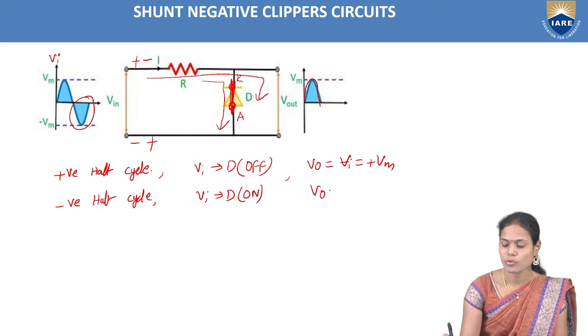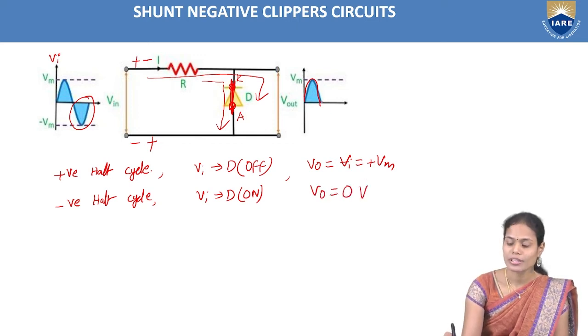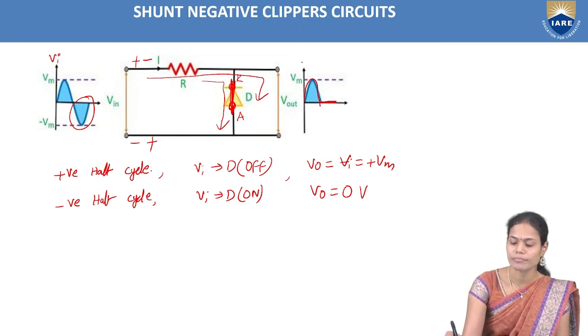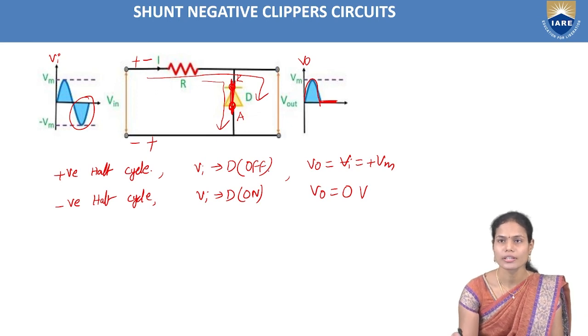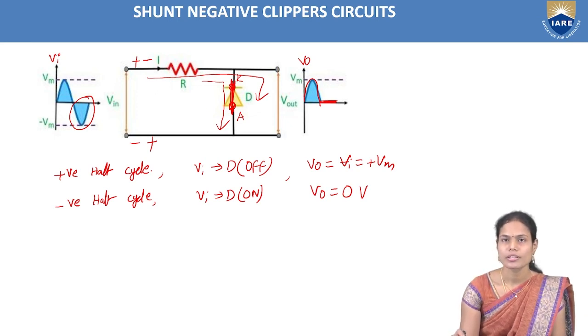So in this case the output voltage is 0 volts. My output voltage across the clipper is 0 for the negative half cycle. So that is nothing but the negative clipper. So that's why it removed the total negative portion of my applied input waveform.